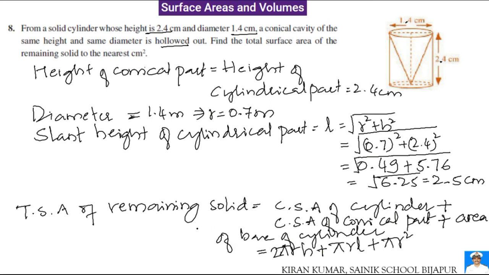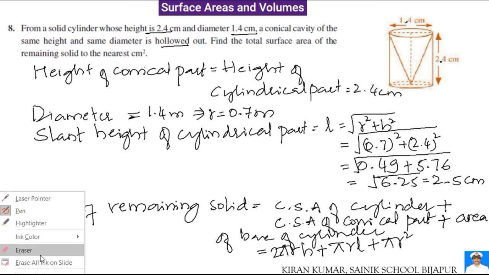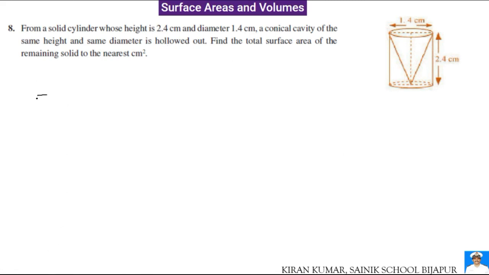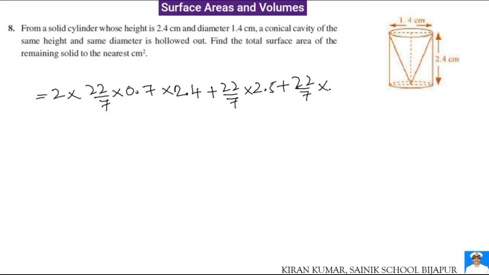This has to be substituted. Upon substituting, we'll be getting 2 times 22 upon 7 multiplied by 0.7 into 2.4 plus 22 upon 7 into 2.5 plus 22 upon 7 into 0.7 into 0.7. For simplification, I can simplify without taking common. 7 0.1 time. Here I have missed out something.